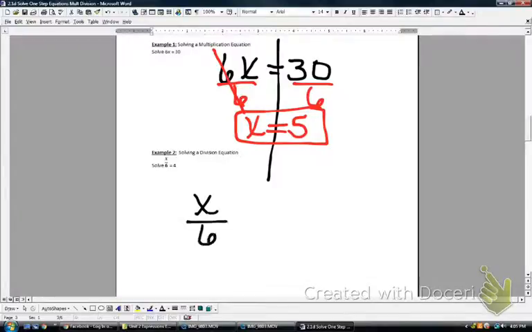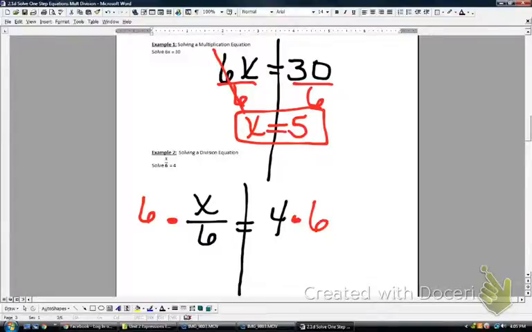I have x divided by 6 equals 4. I'm going to separate my brothers and my sisters. So in this example, I have x being divided by 6. The inverse operation of division is multiplication. So I'm going to multiply both sides by 6.